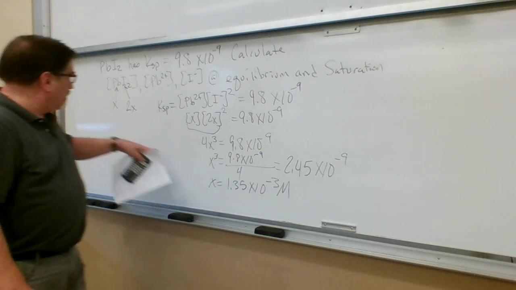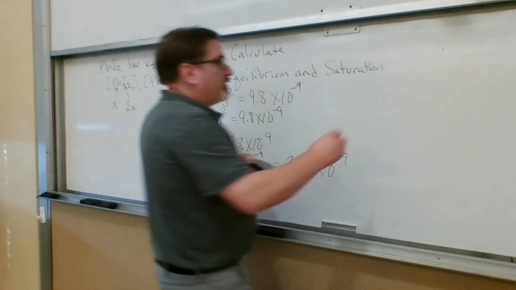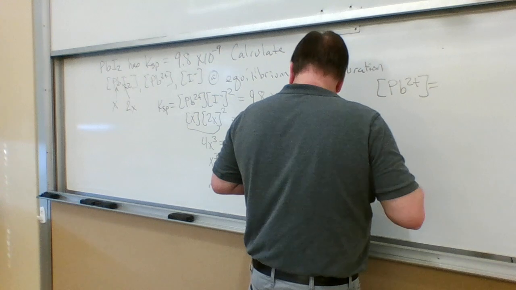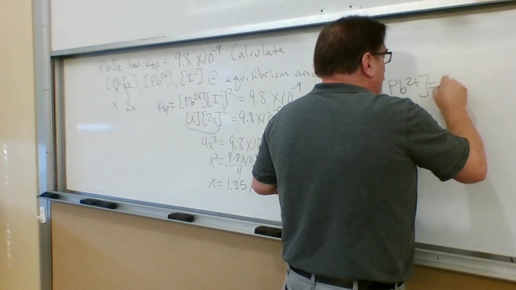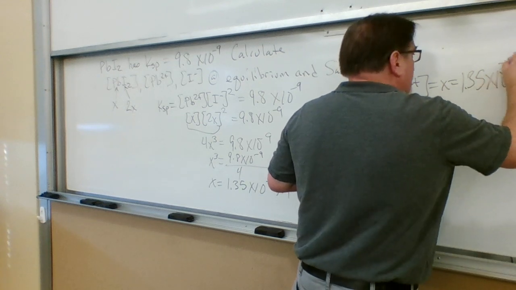Well, X, we said before, was Pb2+. So for our answer, the concentration of Pb2+ is X, which is 1.35 times 10 to the minus 3rd molar.